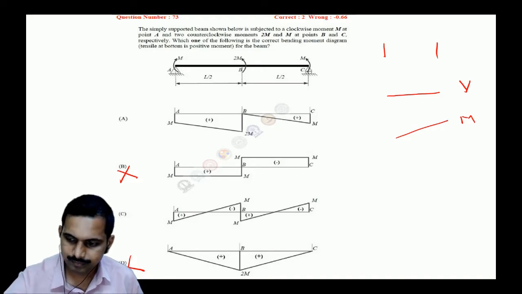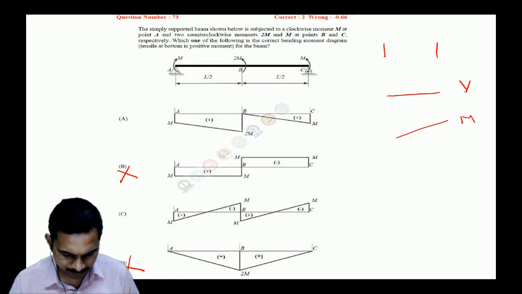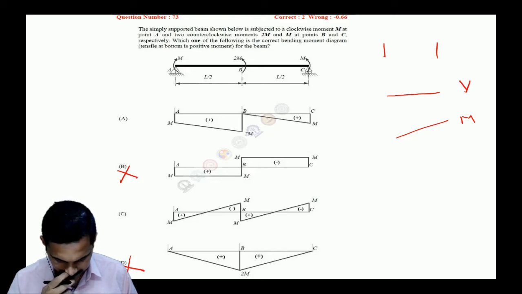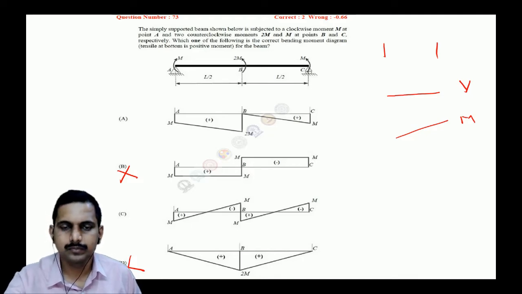We will see others. Others, tell me what is the answer. Are you okay with it?